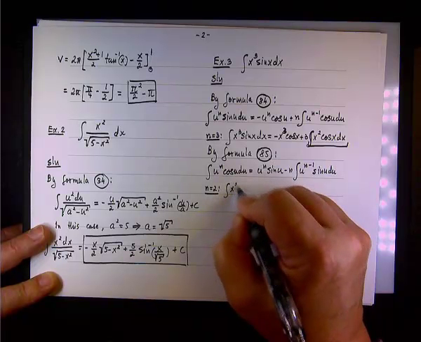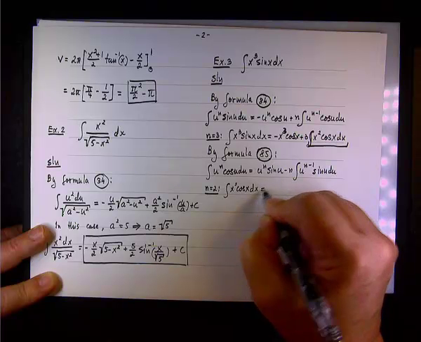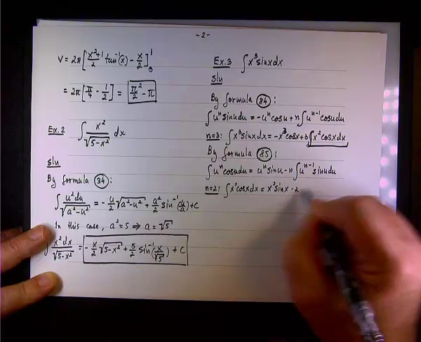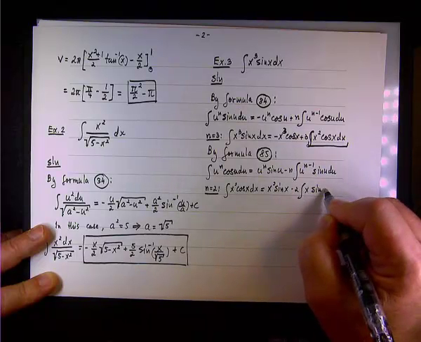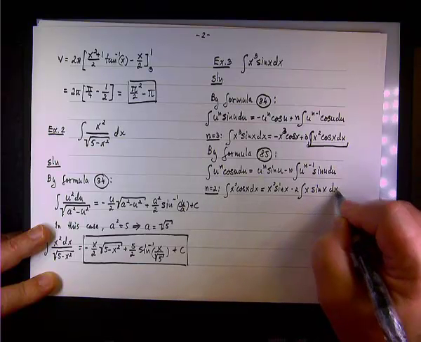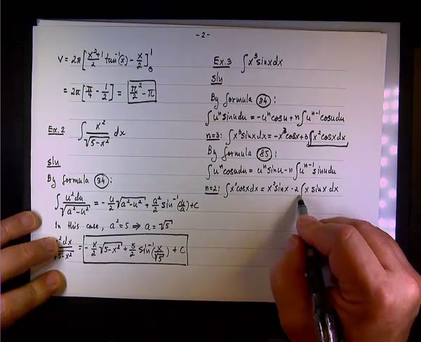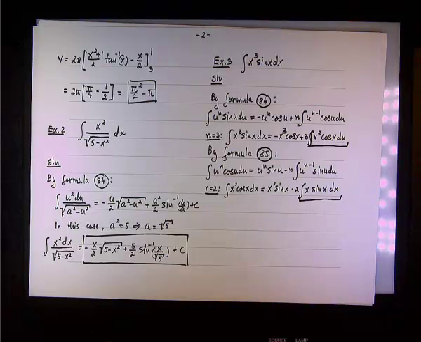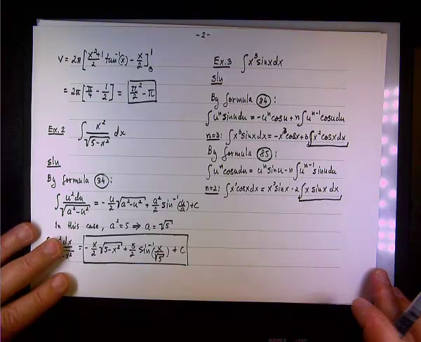In this case, n equals 2. So the integral of x squared cosine x dx equals x squared sine x minus 2 times the integral of x sine x dx.